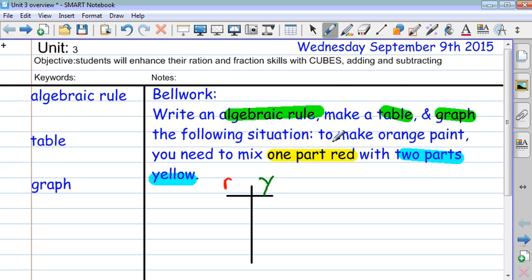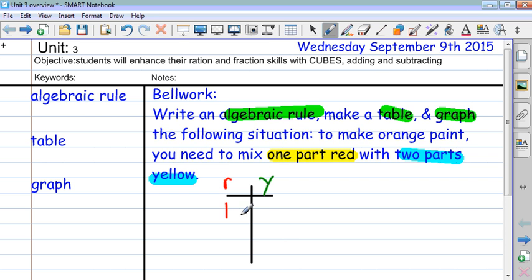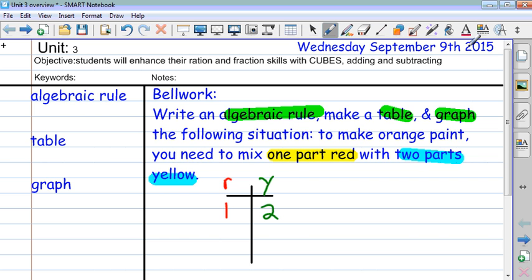So my chart is going to have these first two numbers in it. In the story, I have 1 part red. So I'm going to put 1 for R. How many yellows do I have? Well, I have 2. Now, just like yesterday and all the other chapters, I'm going to ask myself, how does 1 turn into 2?